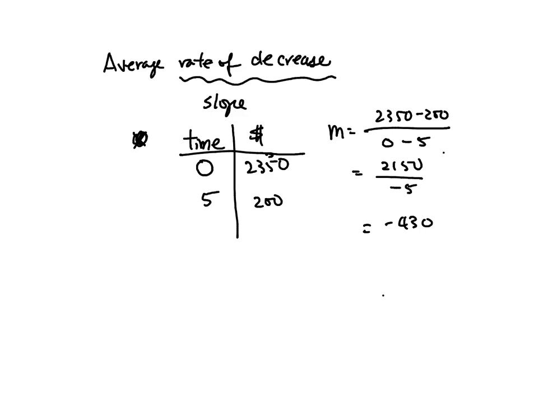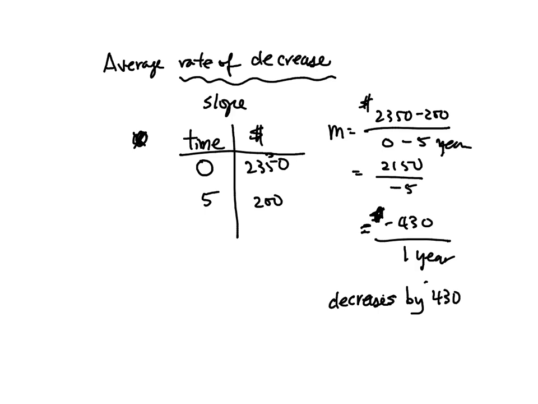So this means this is negative $430, because if you think about it, this is dollars and this is years. So the average rate of change in this case is, we're losing $430 per year. It decreases by $430 per year.